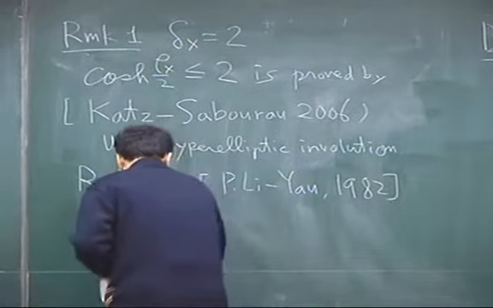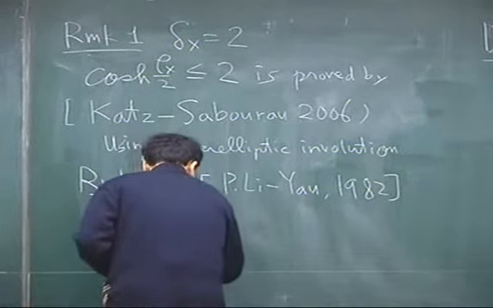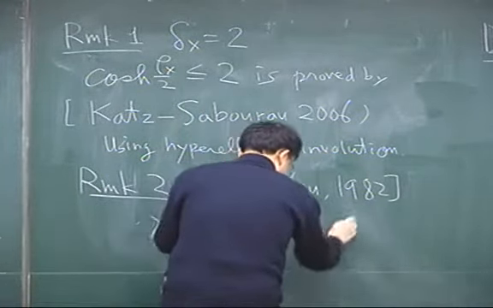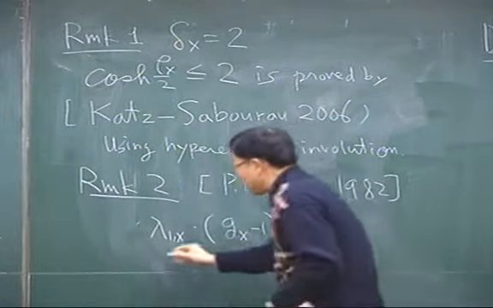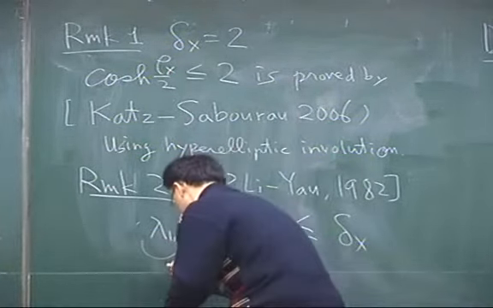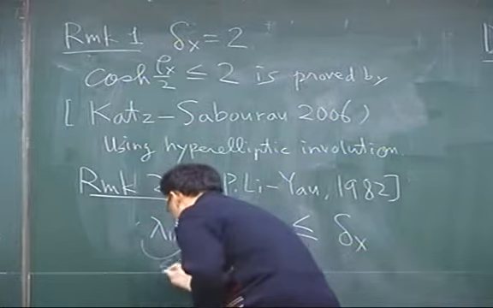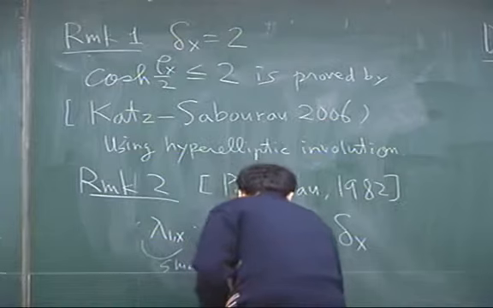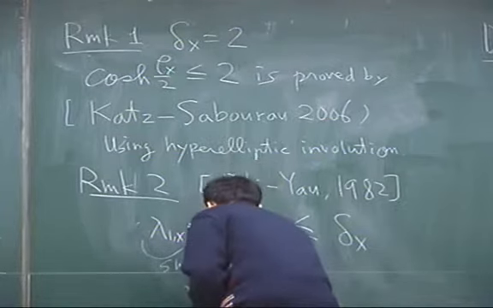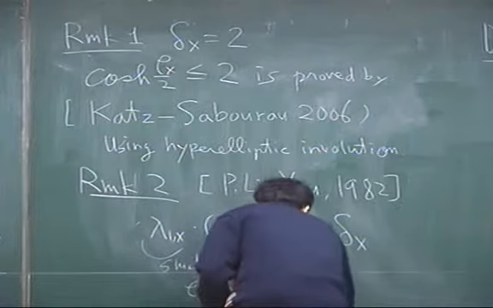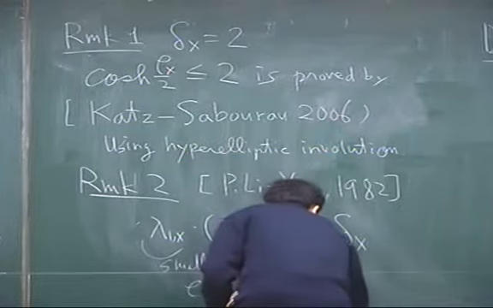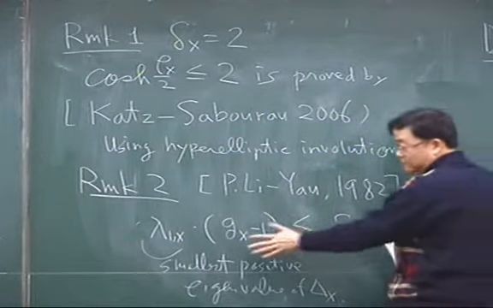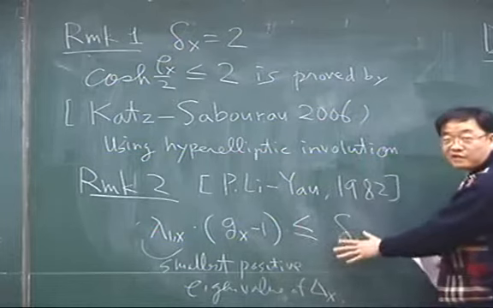What they proved was lambda 1 of X times genus minus 1 is bounded by gonality. So here lambda 1 of X is the smallest first eigenvalue, so the smallest positive eigenvalue of the Laplacian of the hyperbolic metric. So this is another result which relates hyperbolic geometry to gonality.